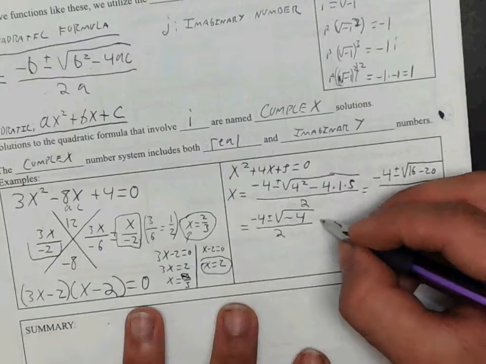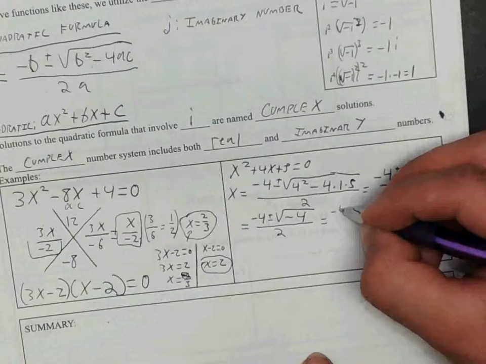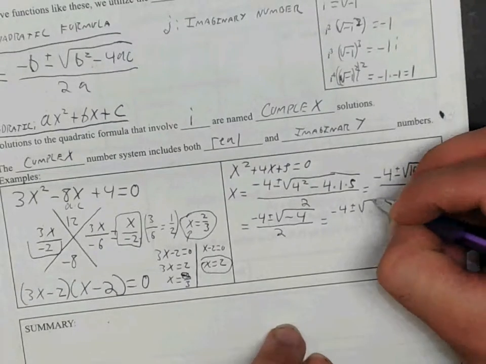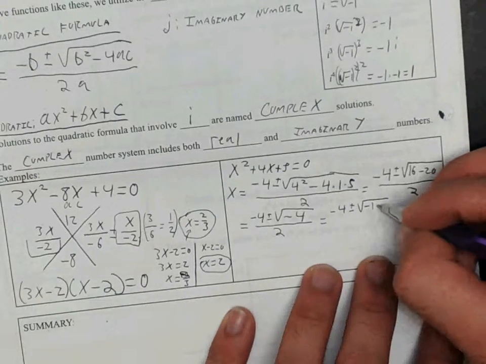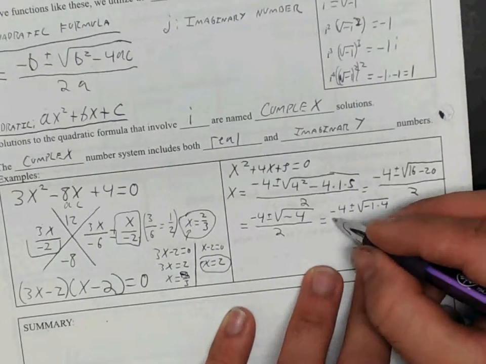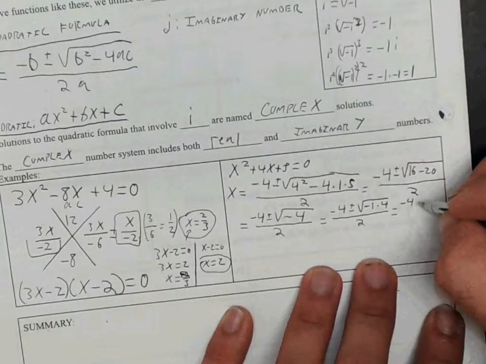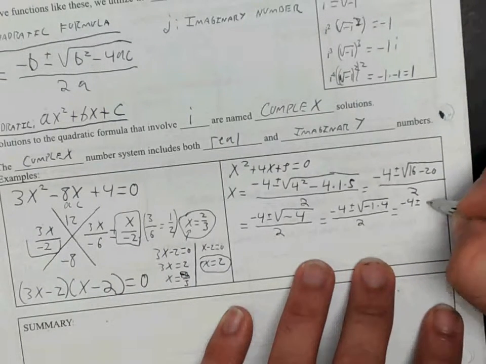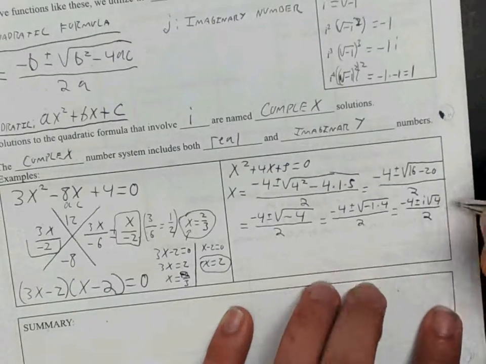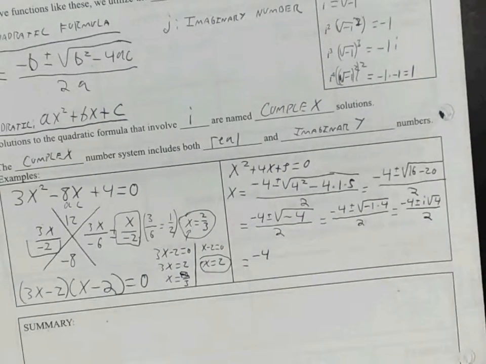And I can factor out this negative 4 to say negative 1 times 4, all over 2, which is going to be equal to negative 4, and the square root of negative 1 is i, so plus or minus i, the square root of 4, all over 2.